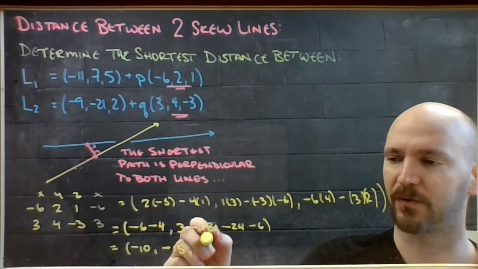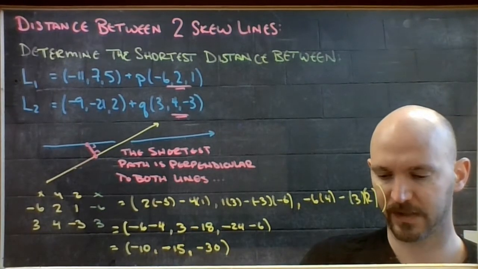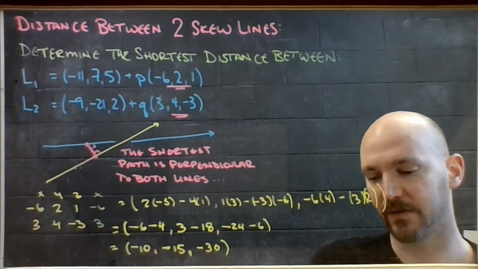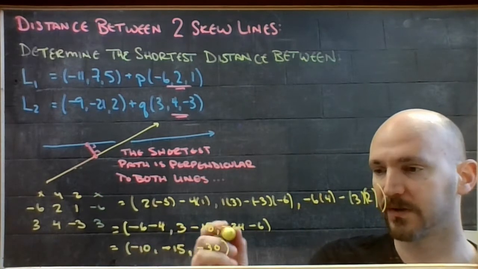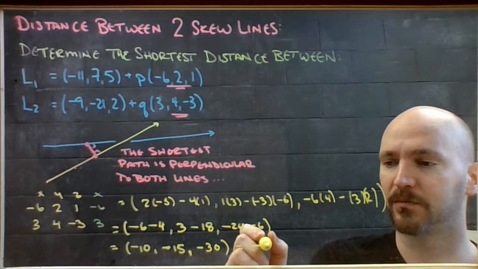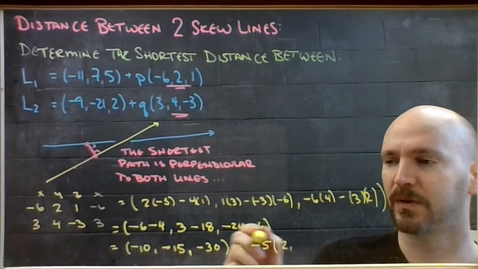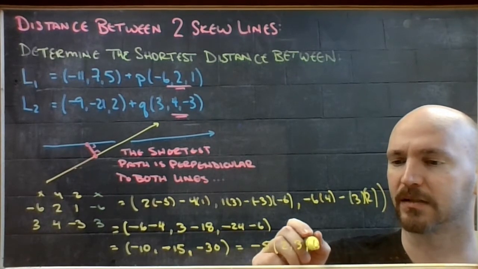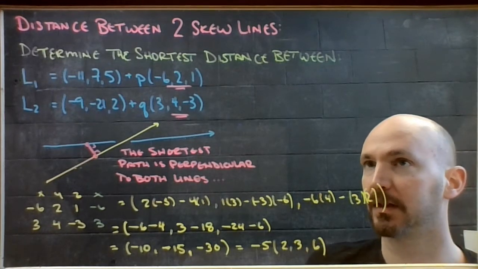And -24 minus 6 is negative 30. All right, so I have this vector, negative 10, negative 15, negative 30, and if you notice, those are all divisible by negative 5. So I'm going to pull that out. This leaves me with 2, 3, 6. All right, lovely.